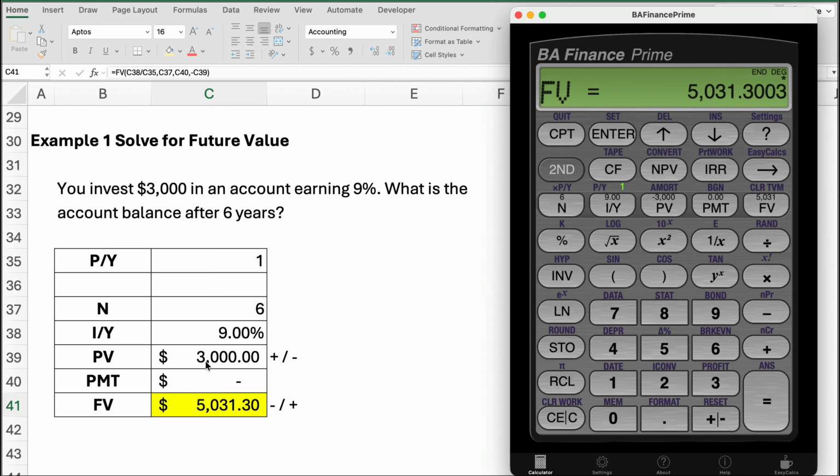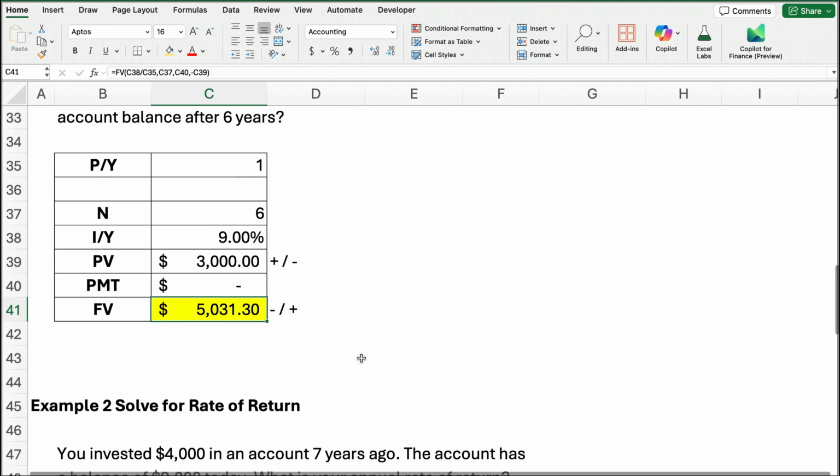You're not paying both times, but you're not receiving both times, right? I'm not receiving 3,000 for then the chance to receive another 5,000. You're paying out of your pocket 3,000, and then you'll receive back in your pocket 5,000 6 years from now. So if I had to do it, kind of the best theoretical way, I would make present value negative and future value positive. All right, so let's keep going.